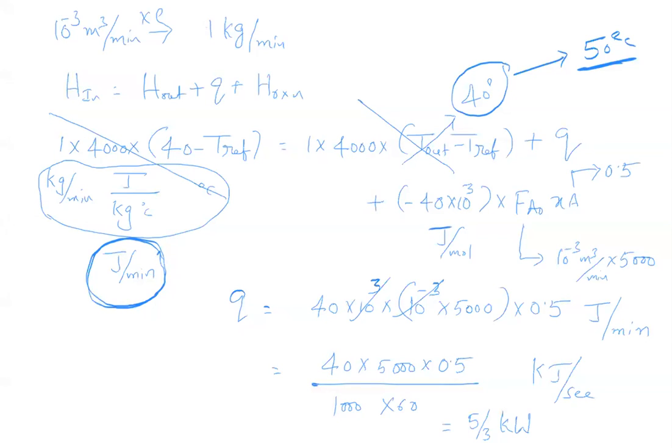Negative order reaction means we can write K by Ca or K Ca power minus 1, which are the same, no? Negative order is K by Ca square, all this. So any other doubts?